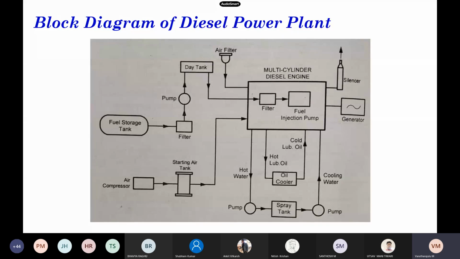See what happens in diesel power plants. We have the miniature, tinier diesel generators in our home or in the theaters. We have the local power stations called diesel generators. What does it do? It has a diesel engine.